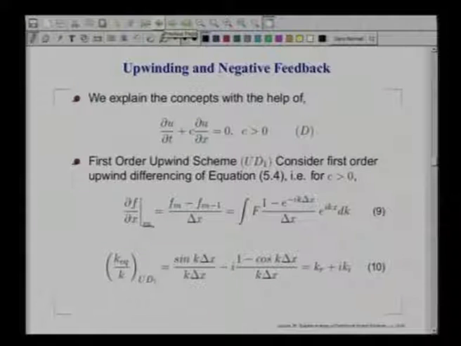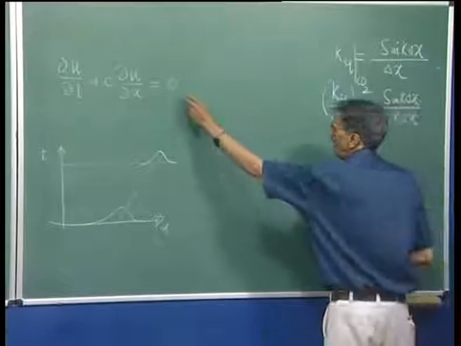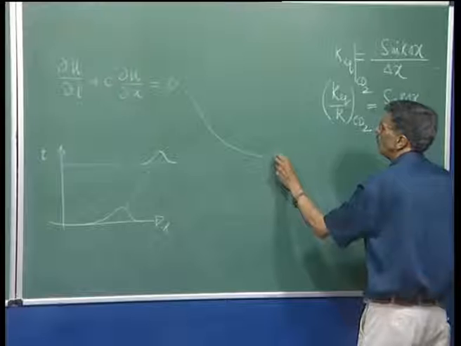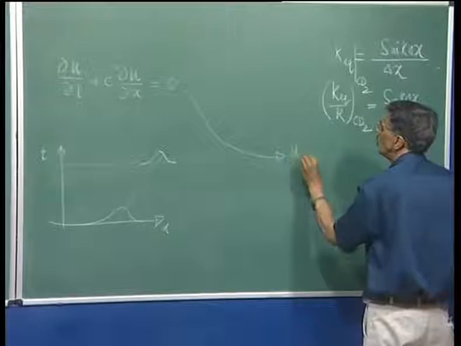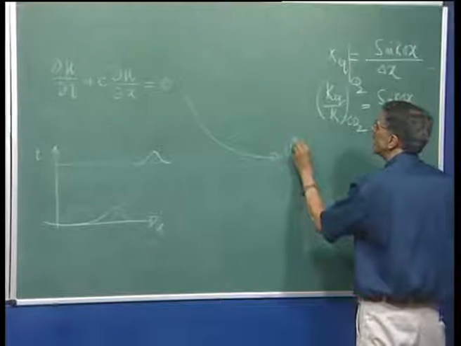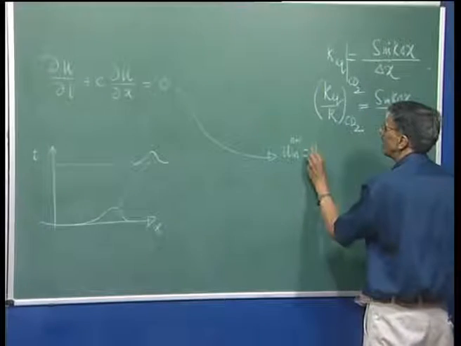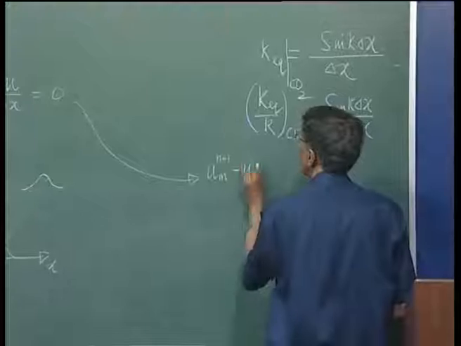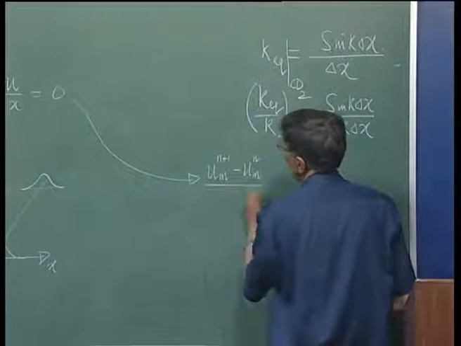having obtained this scheme here for del f del x, what we could do is basically, if I am writing this, I will be writing here u, we are looking at the mth node. So, I will be writing here like this u m n by delta t.